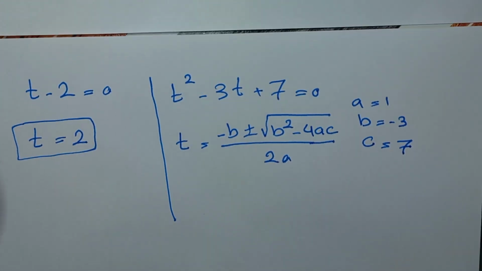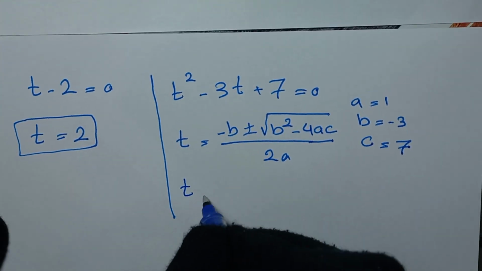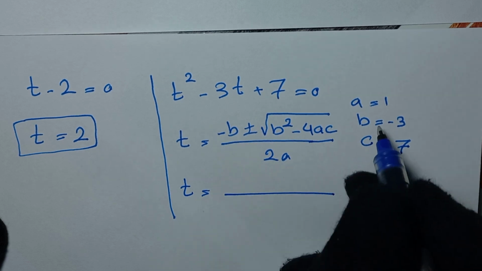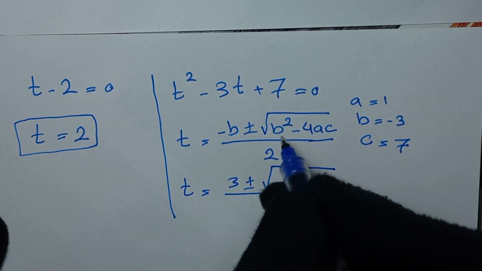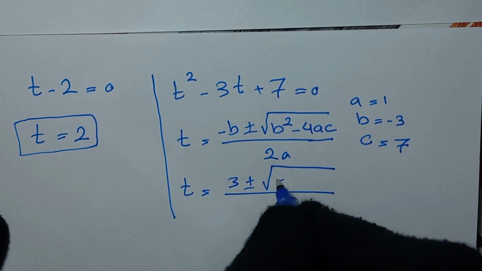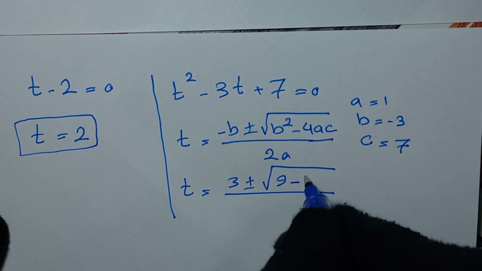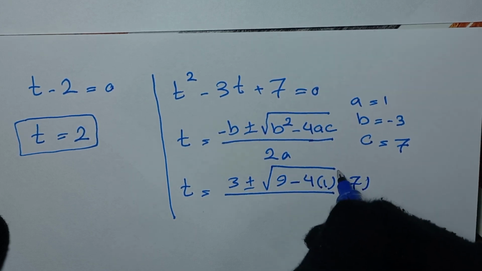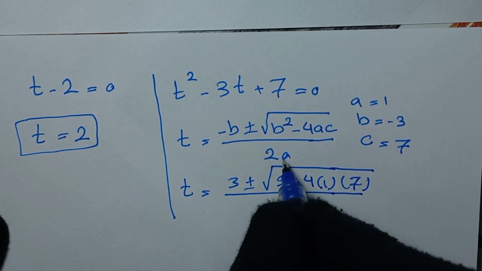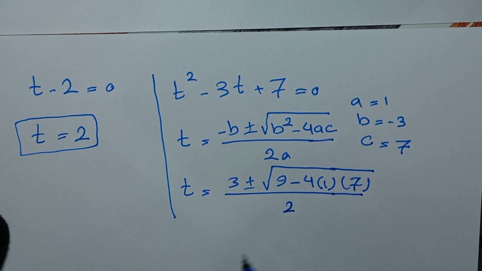So t is equal to negative b, negative 3 is positive 3, plus or minus square root of b squared, negative 3 squared is 9, minus 4 times a which is 1, times c which is 7, over 2a, 2 times 1 is 2.